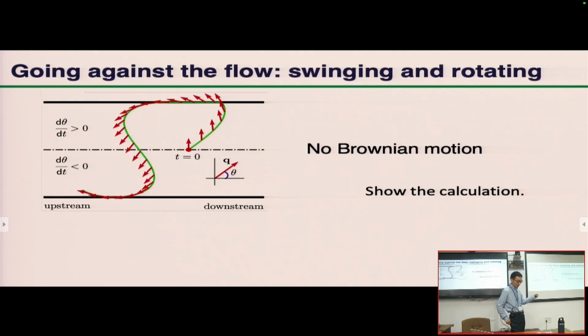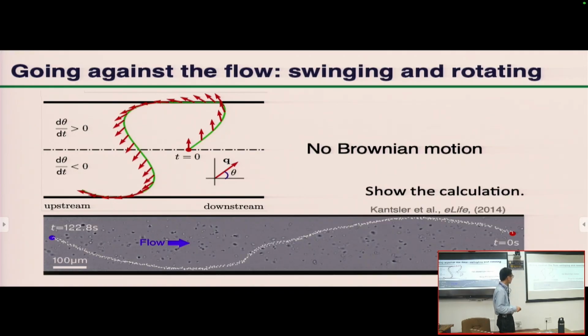It's being advected downstream, but at the same time moving up because of swimming. So it gets to the wall, and this particle is again constantly being rotated by the fluid angular velocity, and eventually you get this interesting trajectory. The point is, in this case, the particle is going upstream on average.